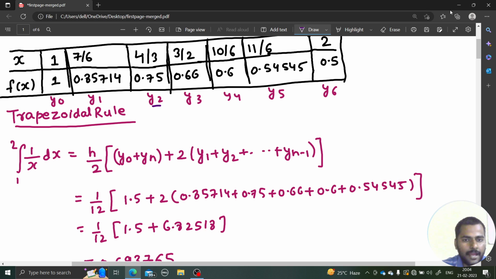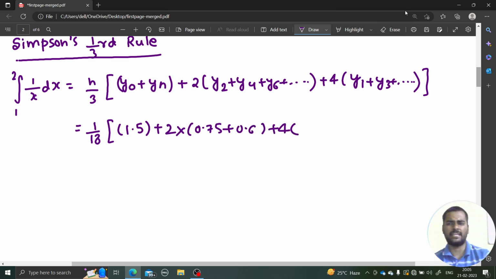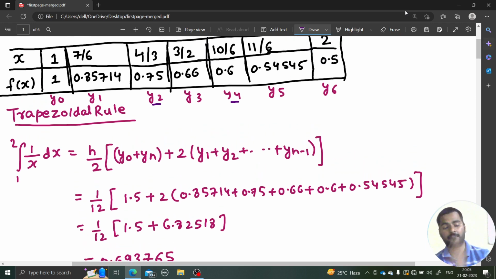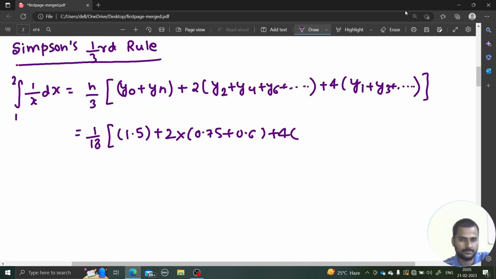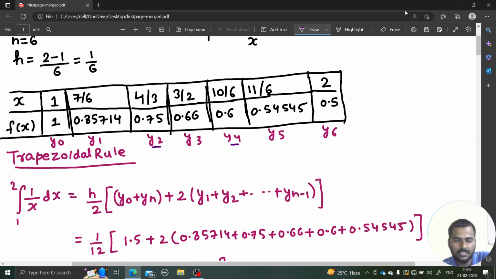Now the ones are y2 and y4, which are 0.75 and 0.6, plus 4 times whatever is remaining, and what is remaining here is y3, y5 and y1. So 0.85714, 0.66, 0.54545.